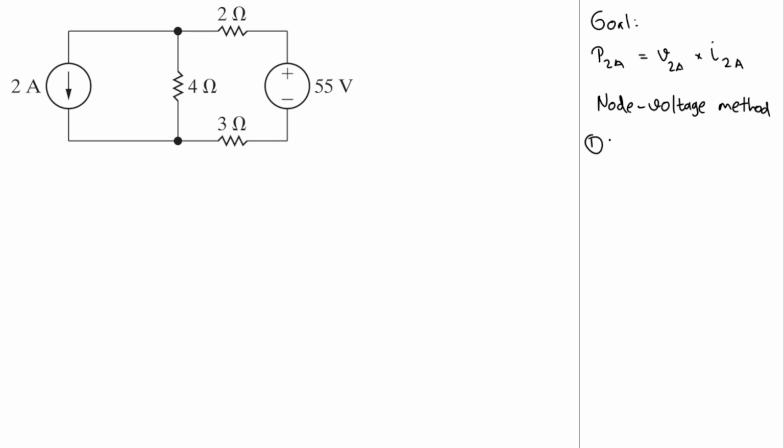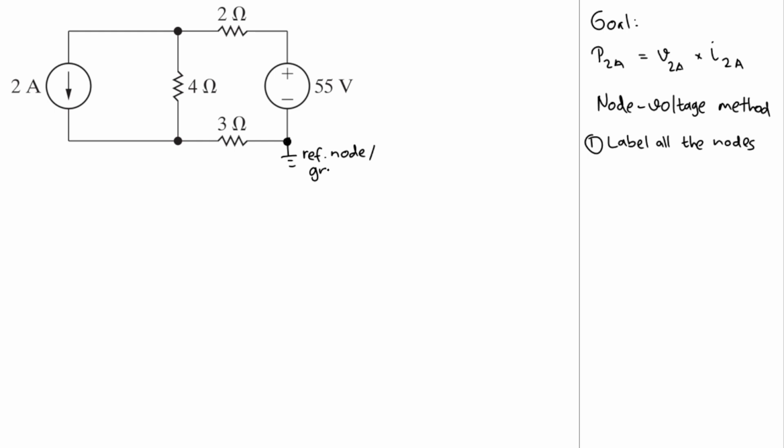The first step that we need to do is to label all the nodes, and also extract some information available from the circuit. Okay, maybe let's set this node here as our ground. So this is our reference node. You should always set the reference node when doing node voltage method.